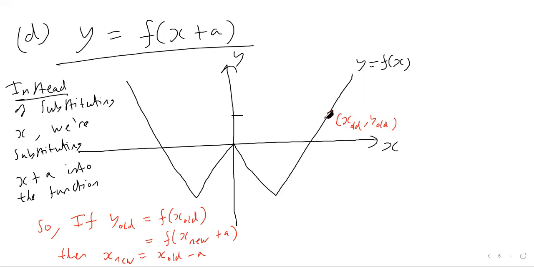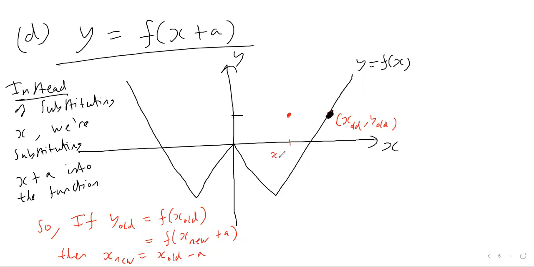Well, our new graph of f of x plus a is going to be shifting to the left for a positive a. So if a is a positive number, we're doing the old x coordinate, this one, take away a to get our new one. Let's say this is our new x coordinate, x new.